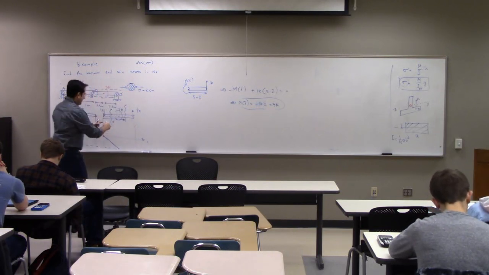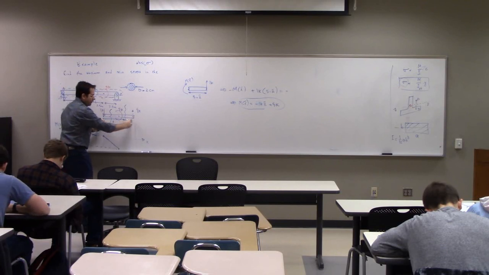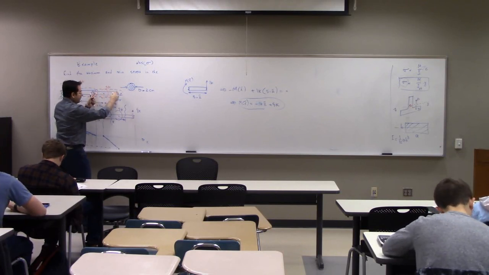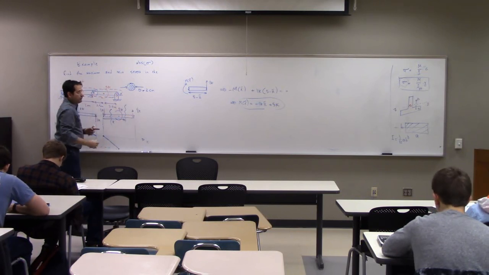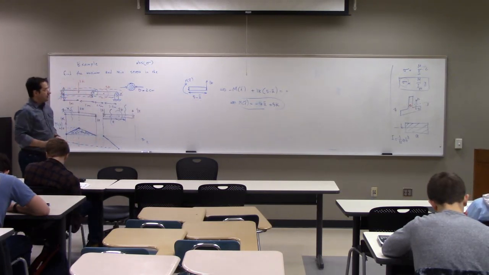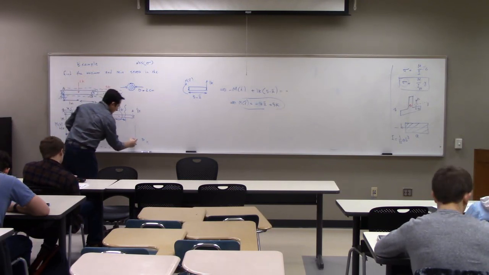What do we get? 5 is x bar because it's located from here. If we put 5, we go all the way. You see this 2.5 plus 2.5, 5, all the way to the end. So if you put x bar equal to 5, what do we get? 0. So the bending moment is 0.